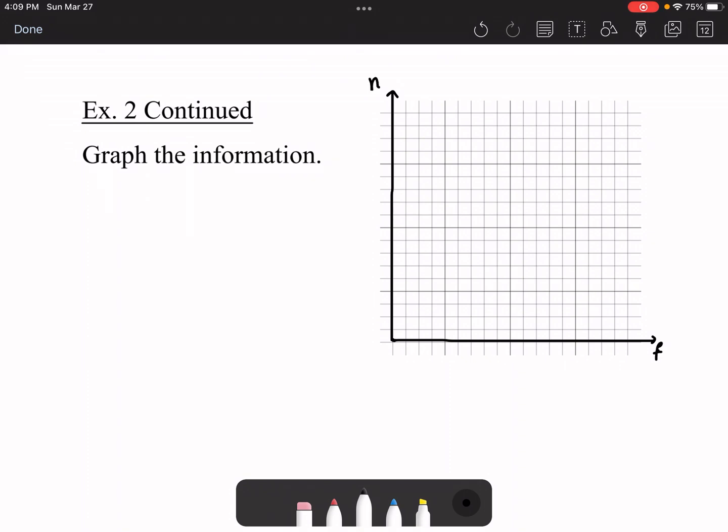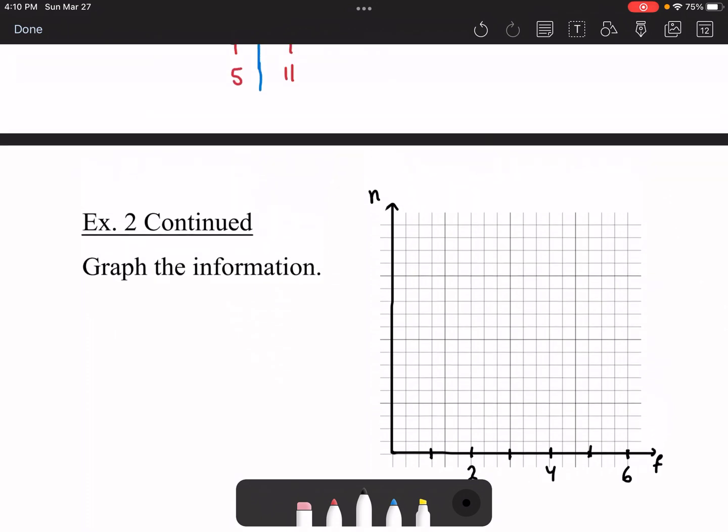And again, remember to put the independent variable along the horizontal axis and the dependent variable along the vertical axis. So again, you can choose whatever scale you wish. This time I'm going to count by 3 to represent my figure numbers. I'm not going to list every single figure number, I'm going to list every second one.